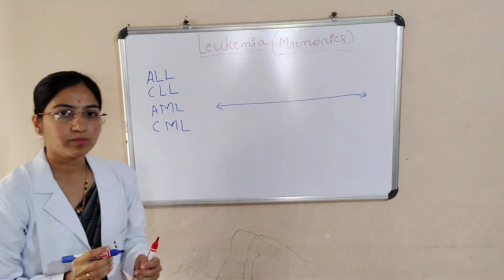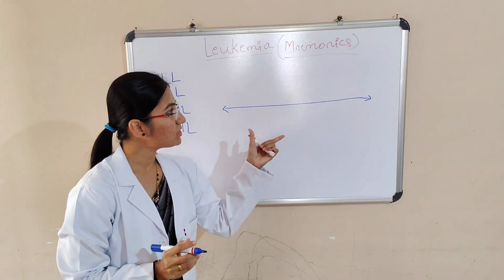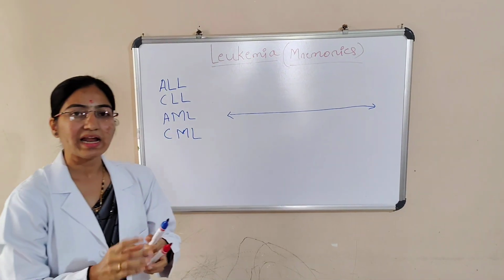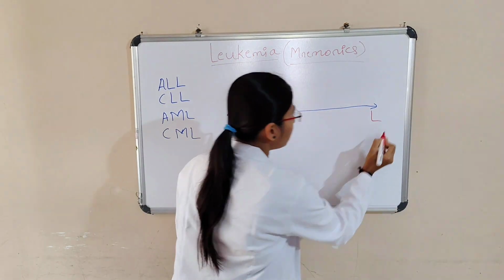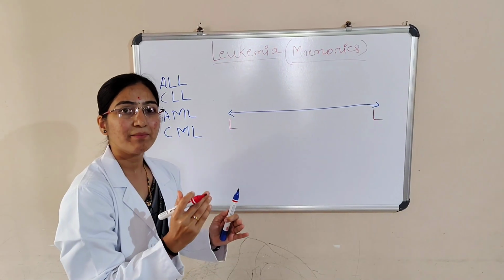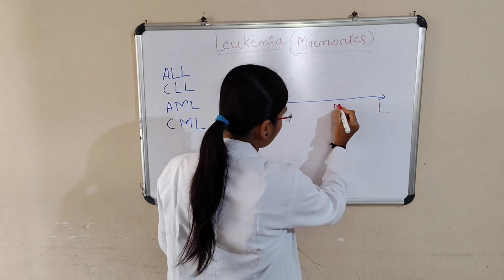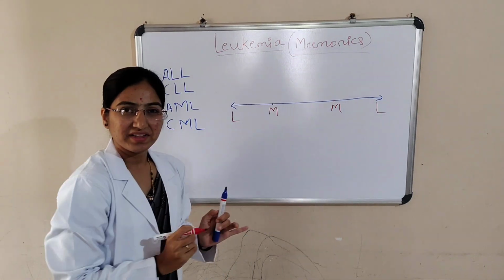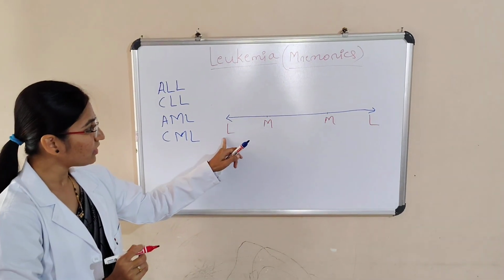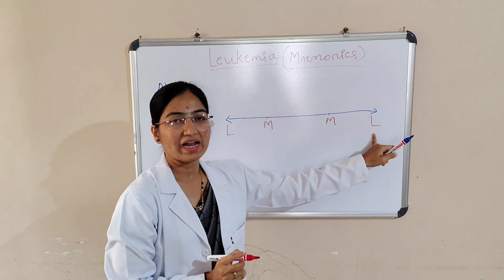You know in the anatomy subject that away from the body is called lateral, and towards the body is called medial. This is medial, this is also medial. Away from the body is called lateral. This is also a lateral end, this is also a lateral end.